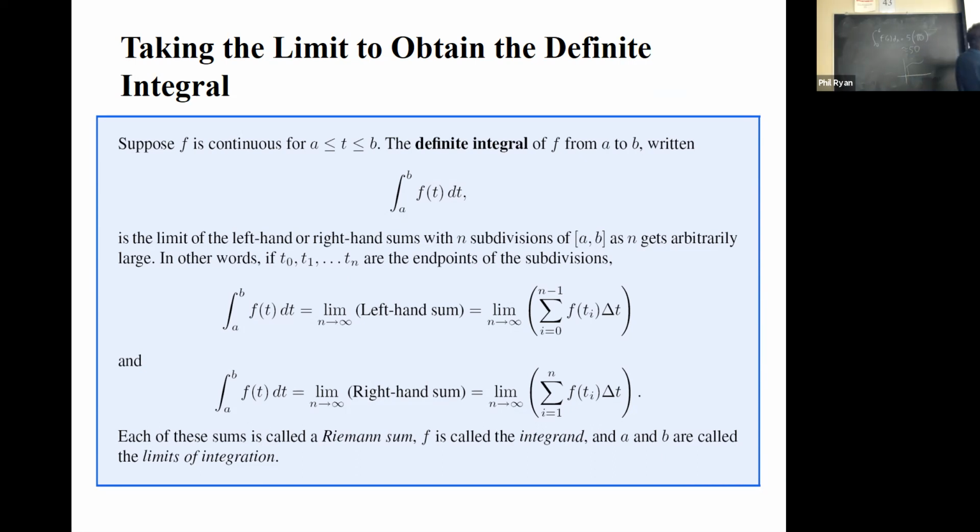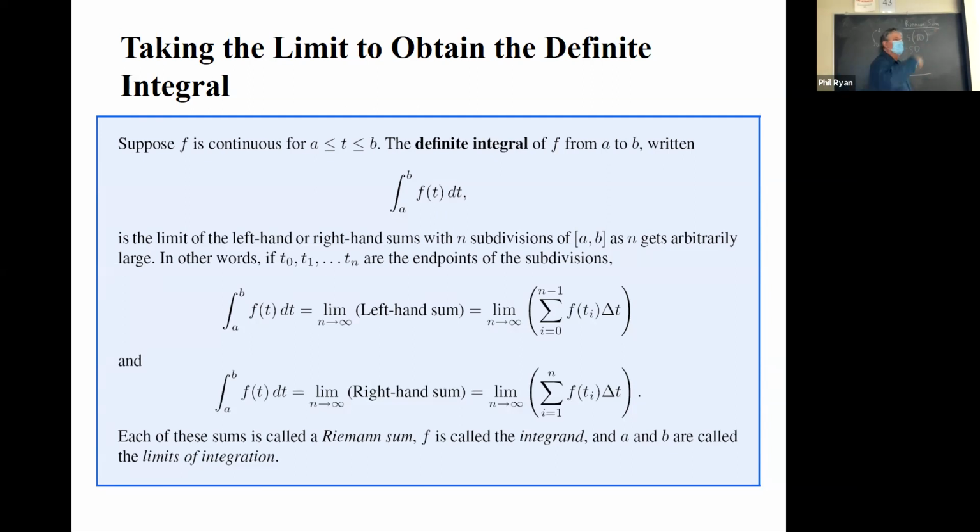And so we have this idea of a definite integral as being the limit of this thing. This kind of sum here is known as a Riemann sum. Named after the 19th century German mathematician who came up with this.